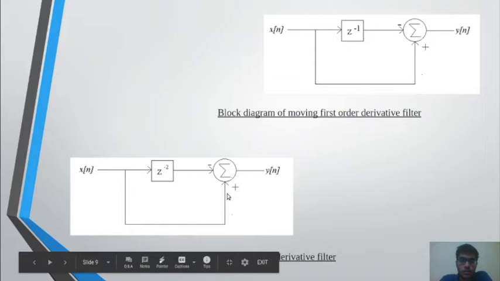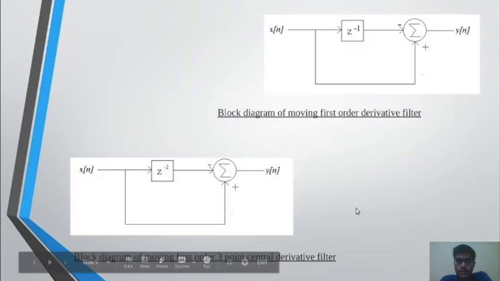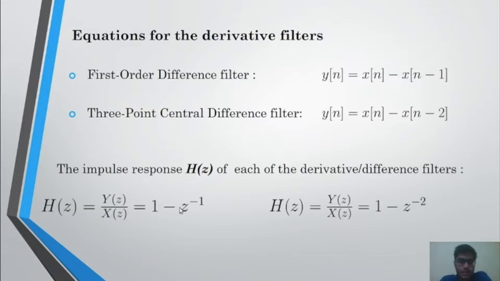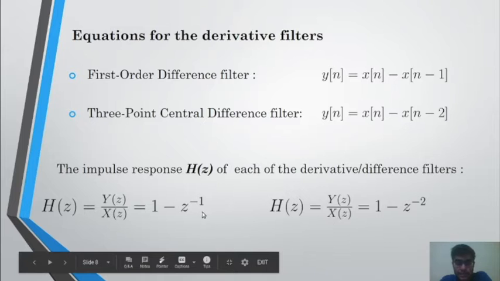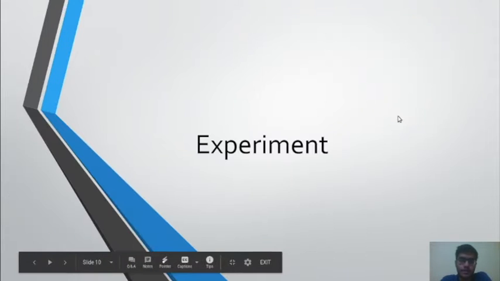These two are the pictorial representations of these two equations, where z to the power minus 1 signifies a time delay of 1 and z to the power minus 2 signifies a time delay of 2. Also notice the minus and plus sign over here. The reason being that the transfer function is 1 minus z to the power minus 1 and 1 minus z to the power minus 2, and this is why this minus sign is over here.